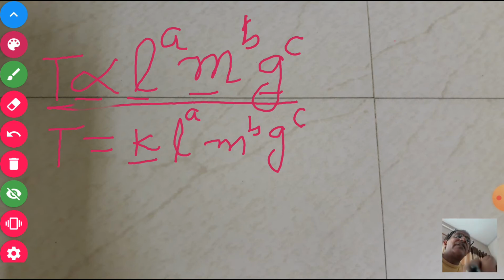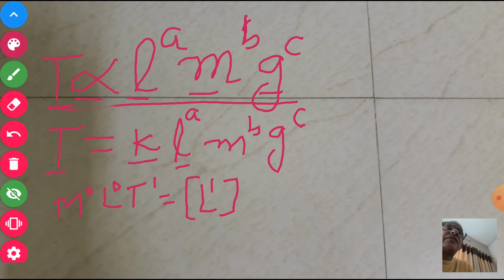Now write the dimensional formula on both sides. T is periodic time, so it becomes M^0 L^0 T^1. k is dimensionless, so no dimensions. Length has dimension L^1, no mass, no time, so L^1 raised to a.